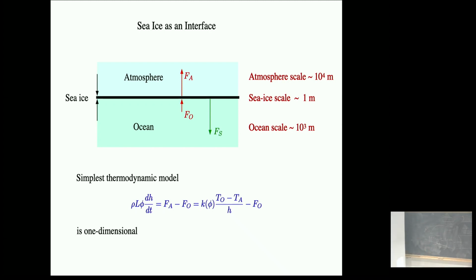We also have to bear in mind that the horizontal resolution of typical climate models is about 30 kilometers. So somehow we have to parameterize all these small-scale processes in a way that can be used conveniently in this context.